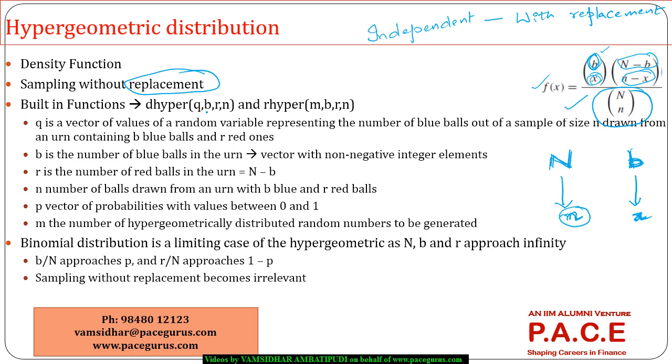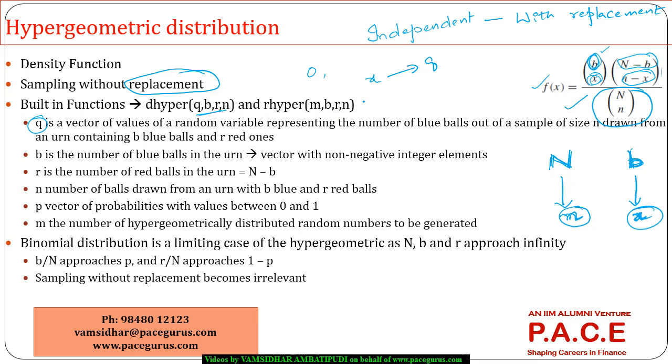So we have so many functions involving all these variables: q, b, r, n. Here q is typically the vector, right? How many successes do I want? 0 success, 1 success, which is actually the x in this example. The x is what R calls q in the hypergeometric distribution functions.